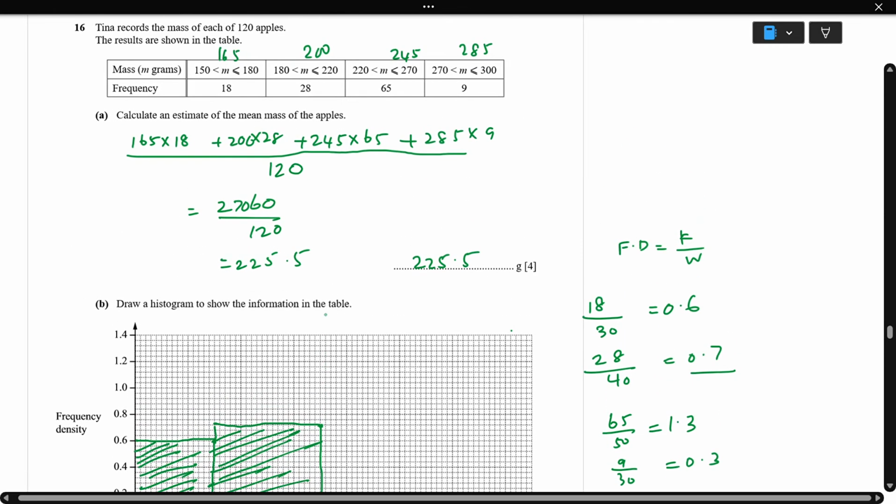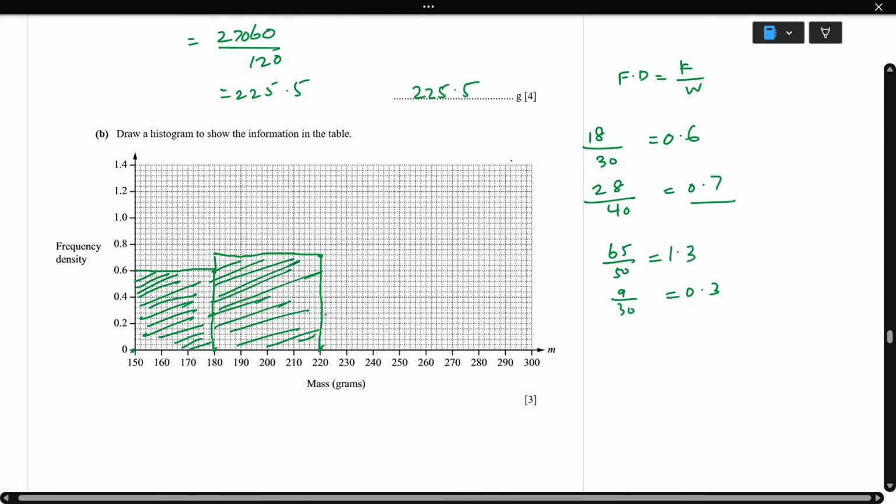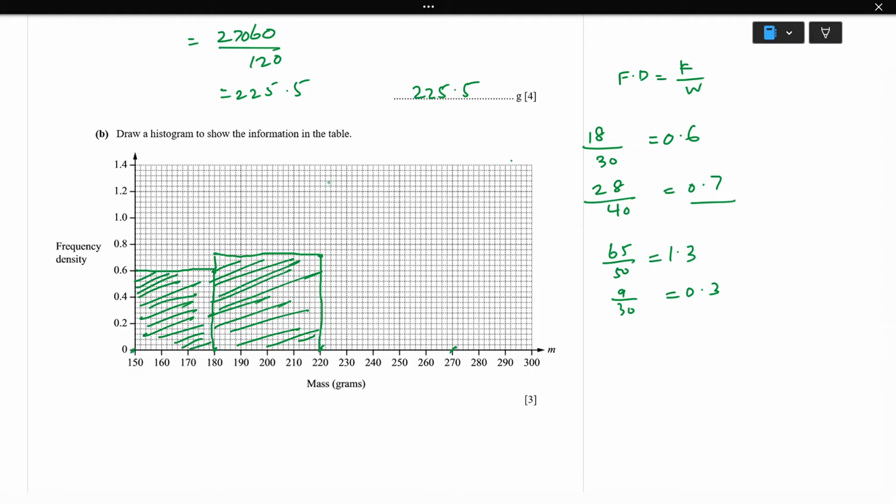The next interval is going to be 220 to 270. The height is 1.3. 1.3 is here, and 1.3 is going to be here. So I need to shade this area.